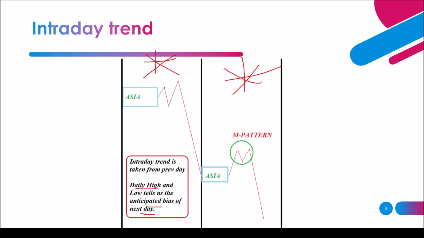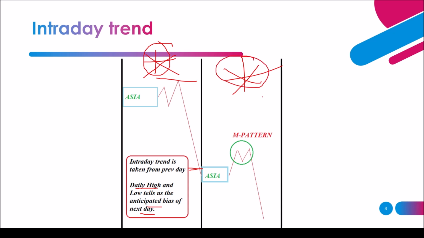On Monday, we can see that we had this high and this low. Therefore, this high and low tells us that the market dropped on Monday, which is this particular day. So if the market dropped, we now have an anticipated bias for the following day, which is this one.